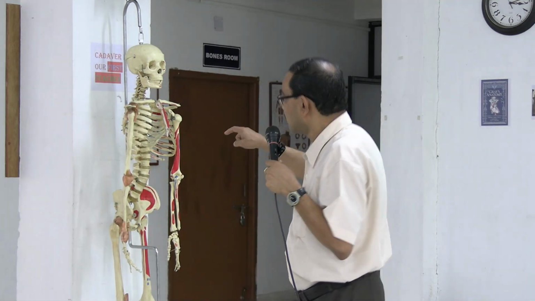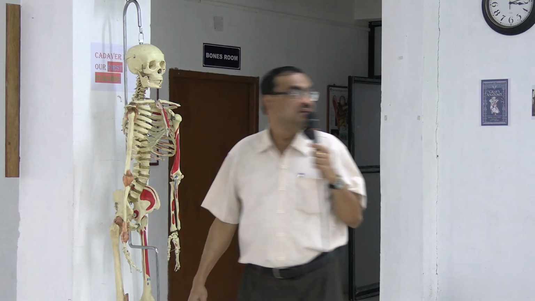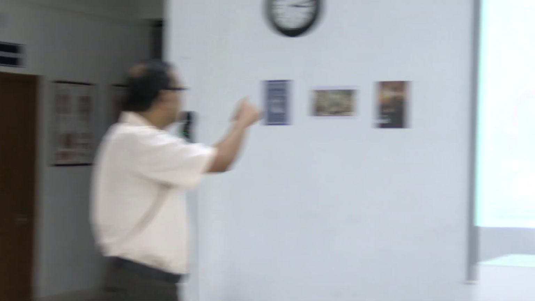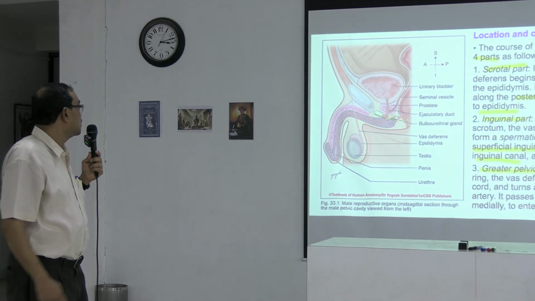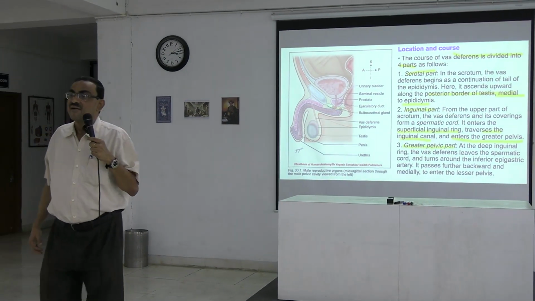That means the obturator externus muscle, then obturator nerve, artery, vein, it will cross. It will also cross the ureter from the medial side. You can see it crosses the ureter, okay, medially.